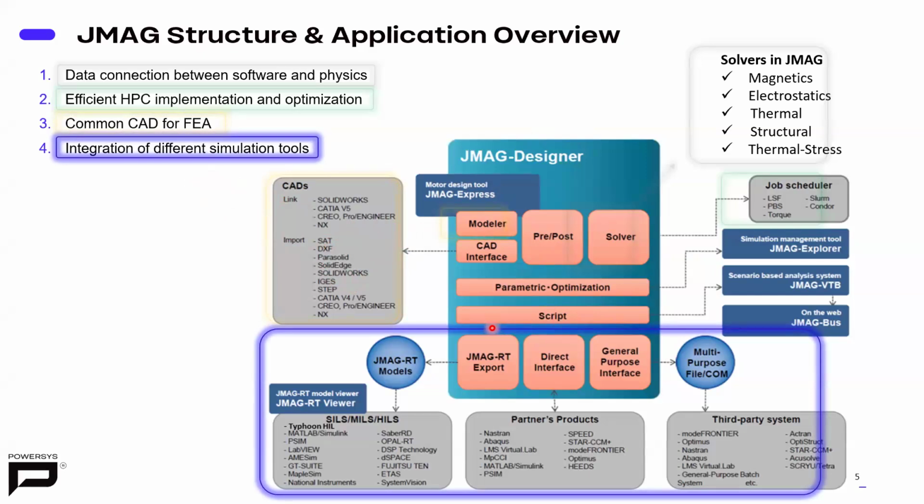Once the electromagnetic simulation is done, it can be integrated with third-party software like MATLAB, PSIM, LabVIEW, AMESim, OpenRTS. All these kinds of partner products can be integrated with JMAG Designer.